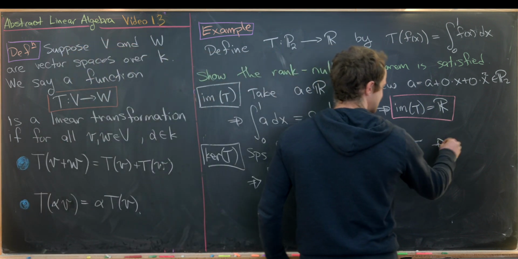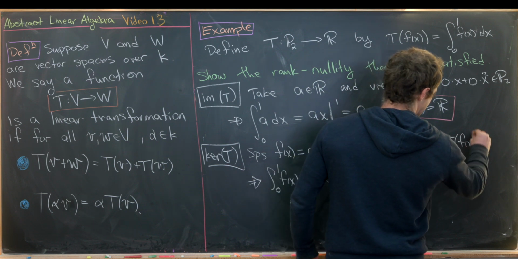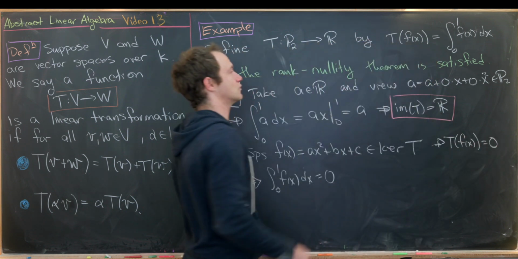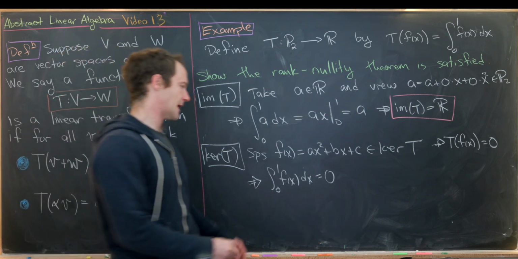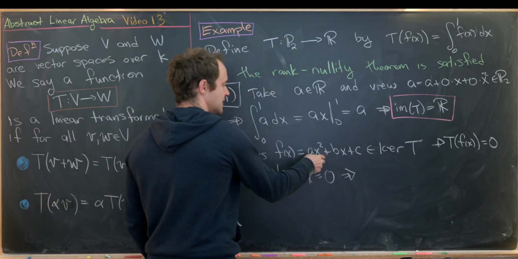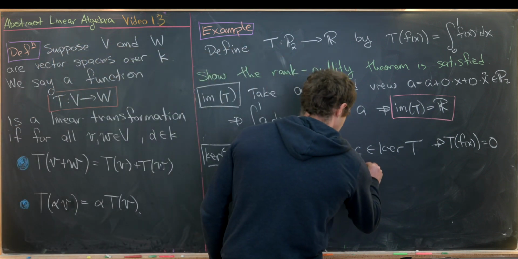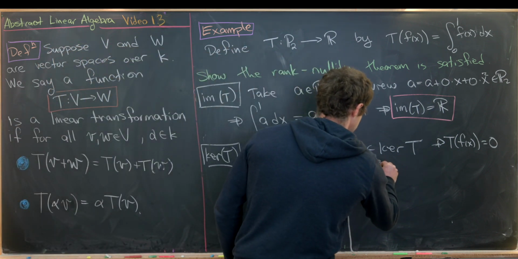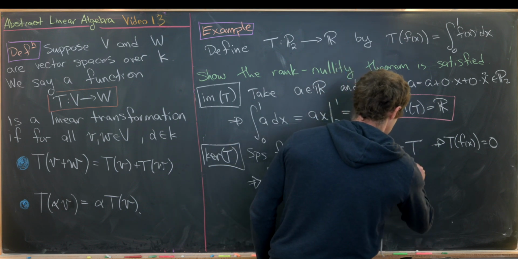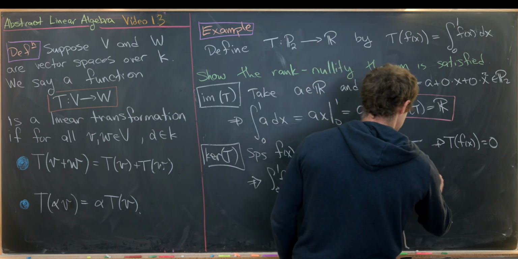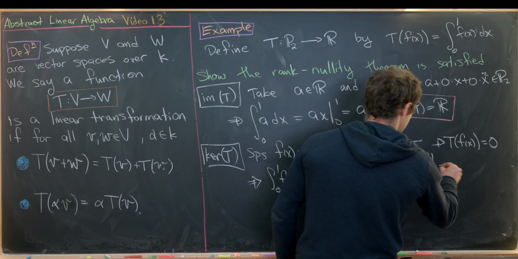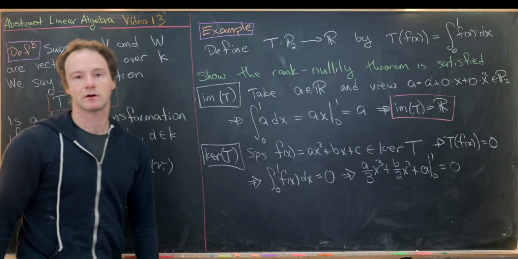Maybe we could put that step in the middle. T evaluated at f of x equals 0, and then that's the rule for T. Okay, but then we can plug in the version of the polynomial with these coefficients. That gives us something like this: a over 3 x cubed plus b over 2 x squared plus c x evaluated from 0 to 1 equals 0.